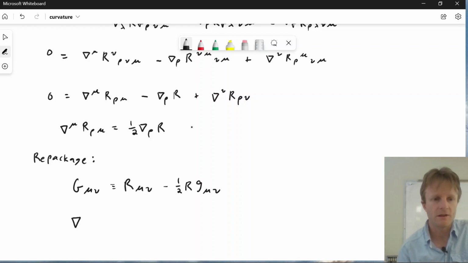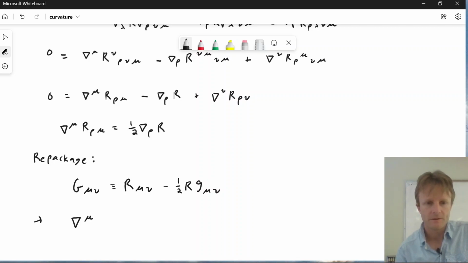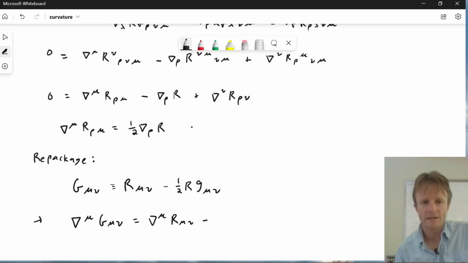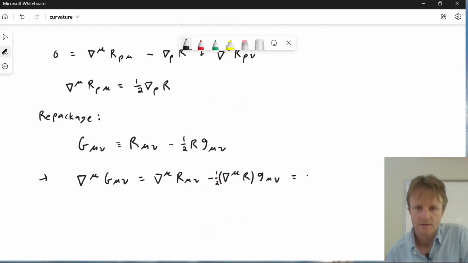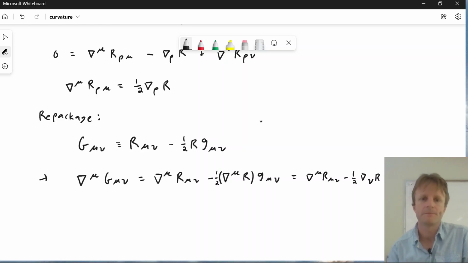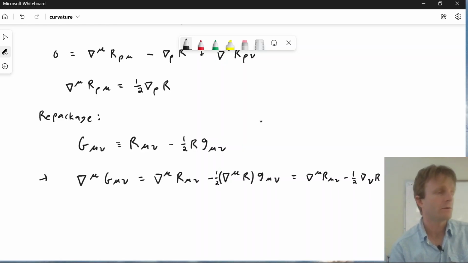And then it follows that del mu G mu nu equals del mu R mu nu minus 1/2 del mu R. The del mu doesn't hit the g mu nu because it's metric compatible, otherwise known as del mu R mu nu minus 1/2 del nu R, which is 0 by this equation.